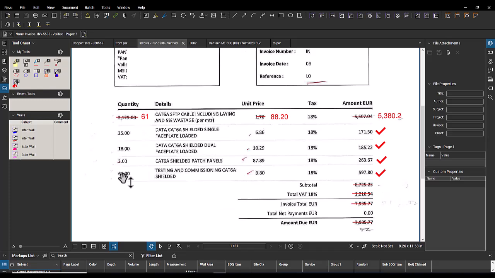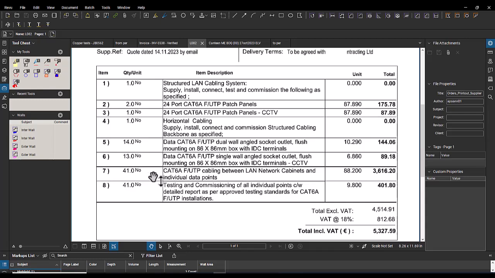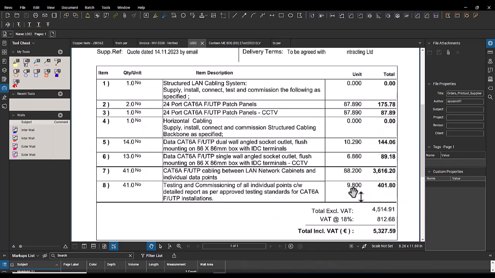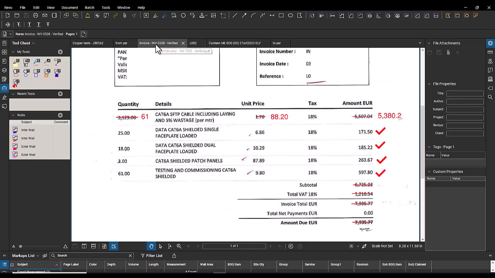So basically from 41 it becomes 61, because there are some additional points. The total points of data is 61, and the unit price is 9.81. What? It becomes 9.81, but here is 9.80. Ah, yeah, it's 9.80, correct.